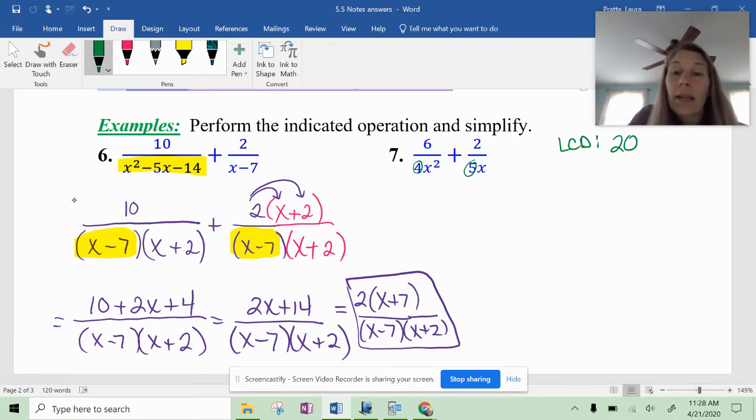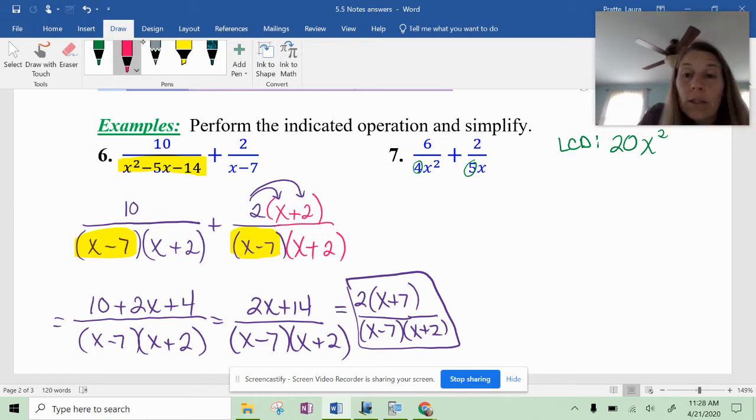Now, in addition to that, I also have an x squared and an x. So whenever you have two variables that are monomials, whatever one is bigger is going to be the least common denominator. So you're going to need each denominator here to be a 20x squared. So in order to make this 20x squared, what do I need to multiply the first fraction by?